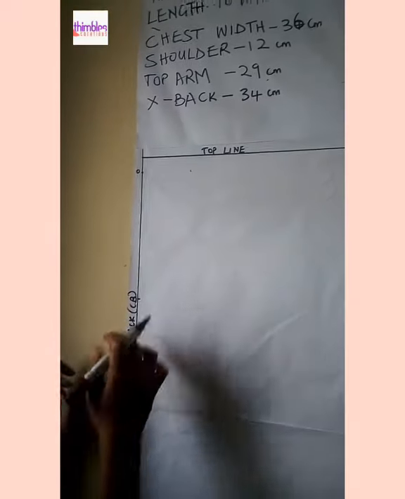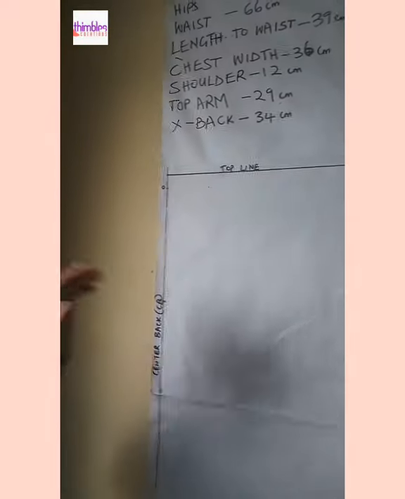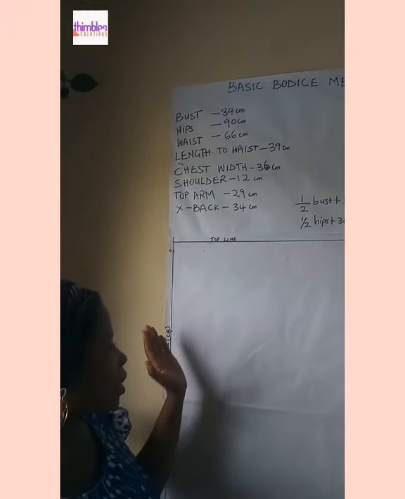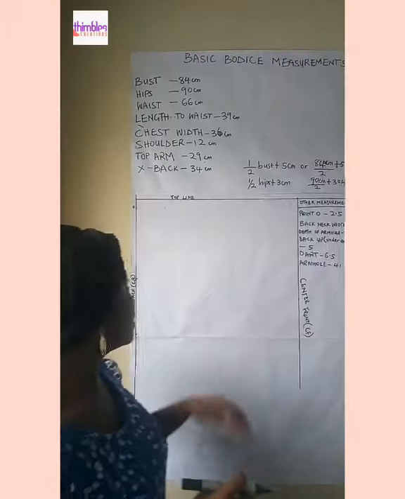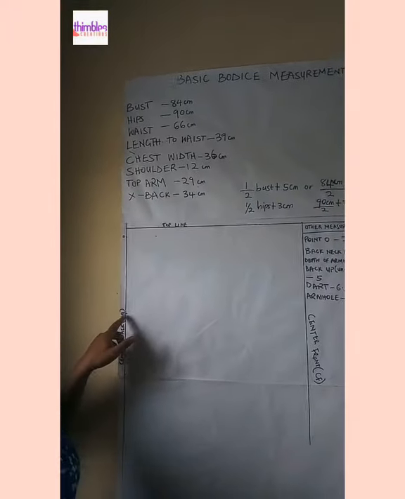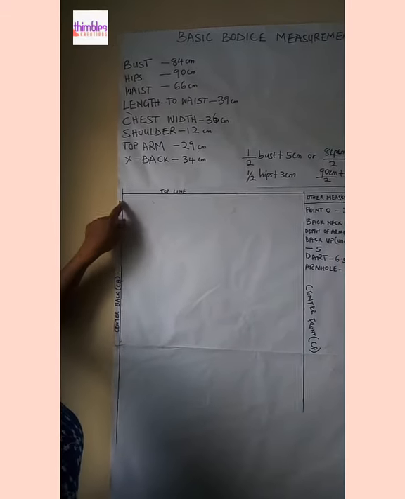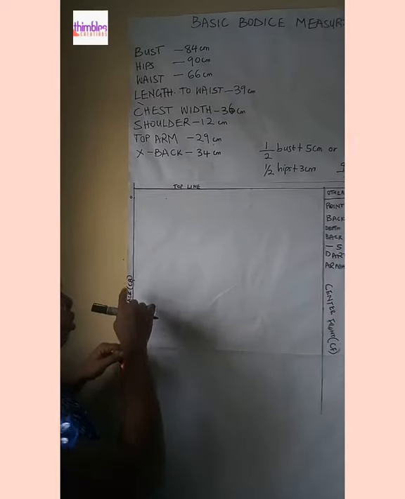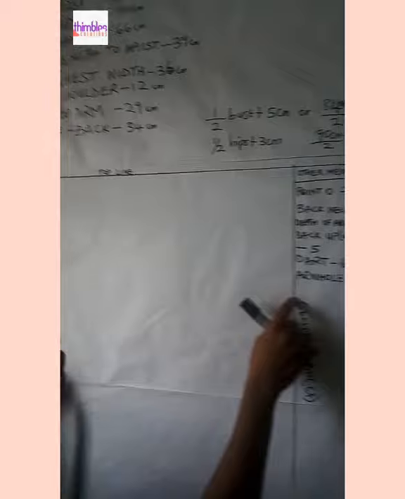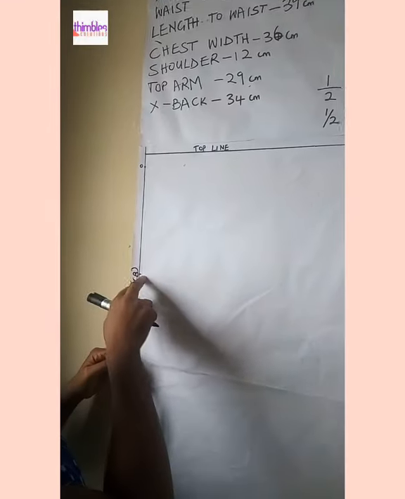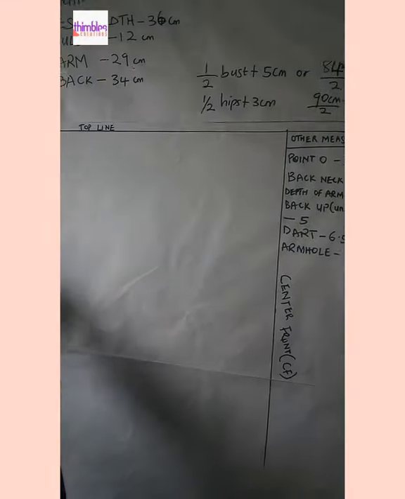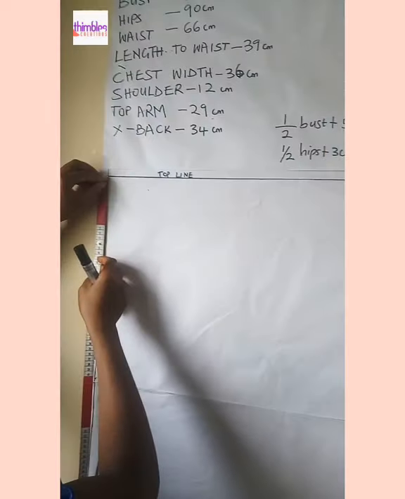So look at it here. This is 20.5. In fact, I would like us to draw the lines immediately. From point O here it is 20.5. I'm going to get the same value so that I will have a straight line and take it across the length of the pattern.